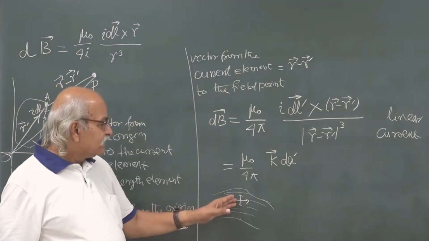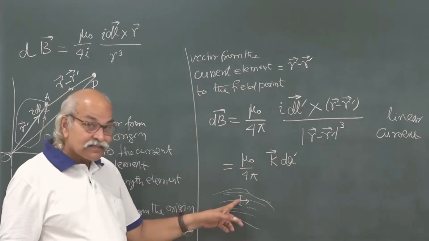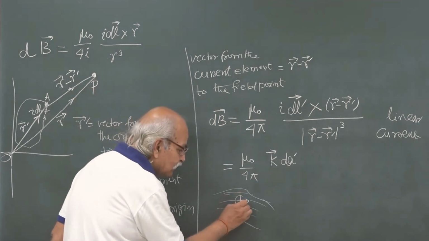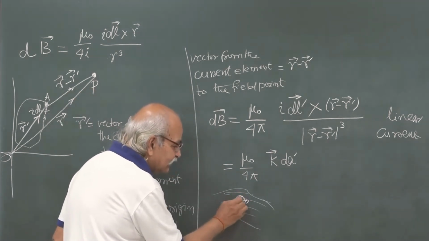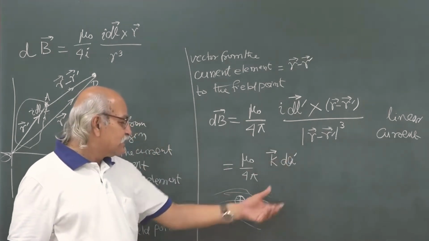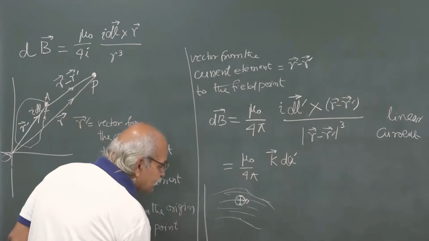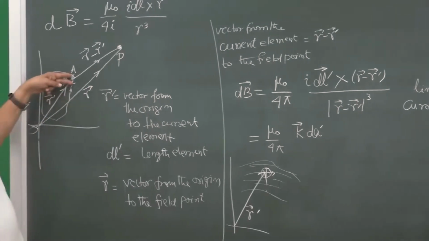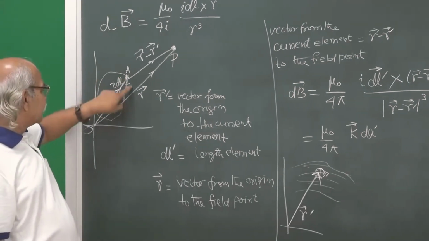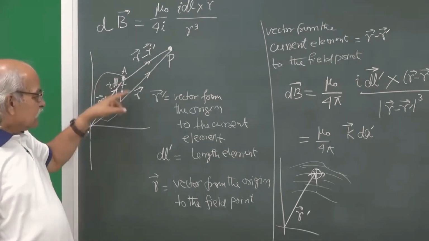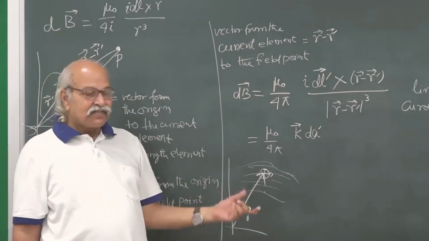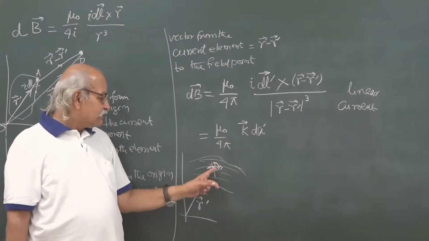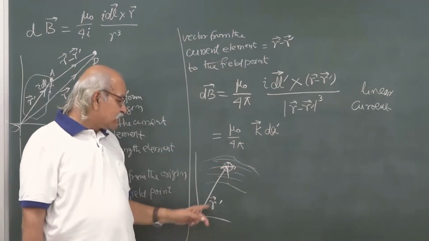That is k. At that point you construct a small area, which I call dA prime, and that area will now be at r prime vector, just like the length element is at r prime vector in a linear current distribution. Here the current is on the surface. So, on the surface we take a small area, and k times dA prime is the current element, and the location of that current element is this r prime.